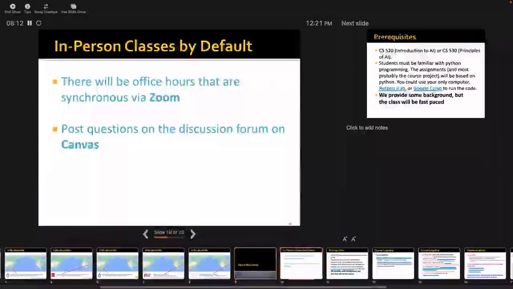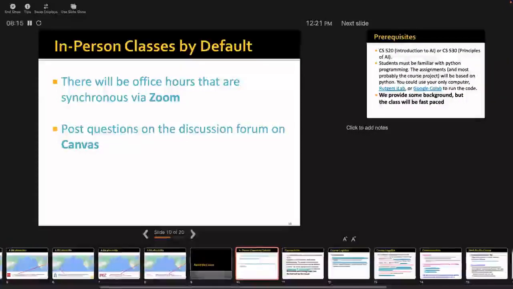And about the course, this course will be in person by default, and there will be office hours that are synchronous via Zoom. But if you need it, you can also make an appointment, request that to be in person in some of the slots if needed. And I will try to leave some time after each lecture as Q&A, such that if you have time and have questions, you can come to see me here on stage.